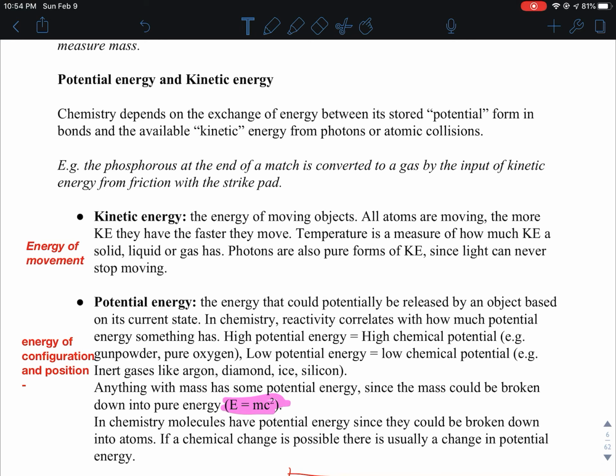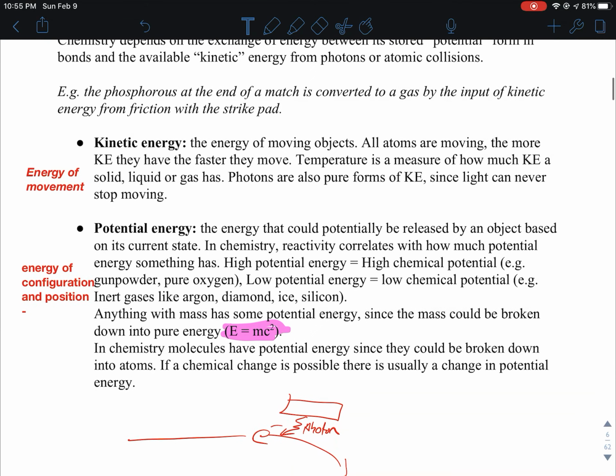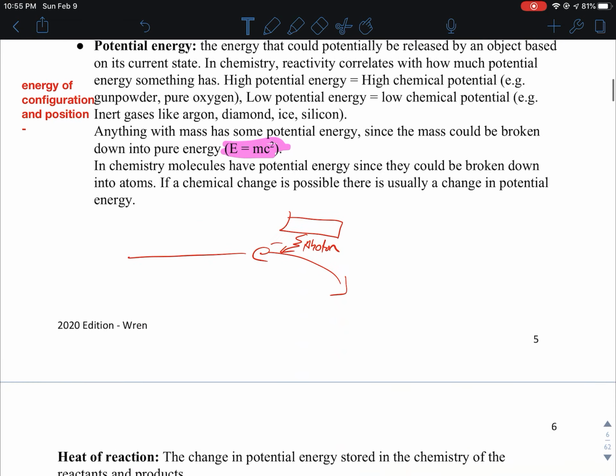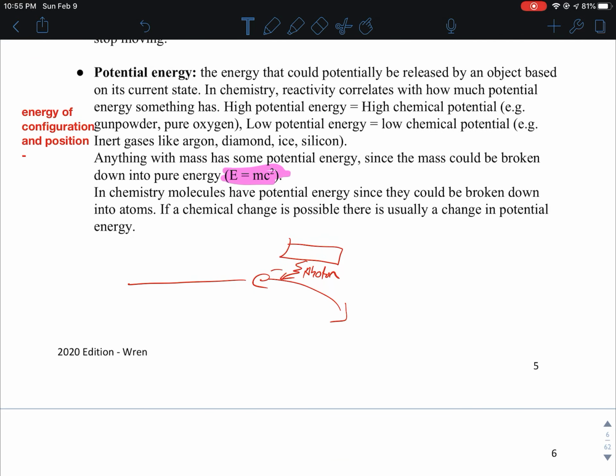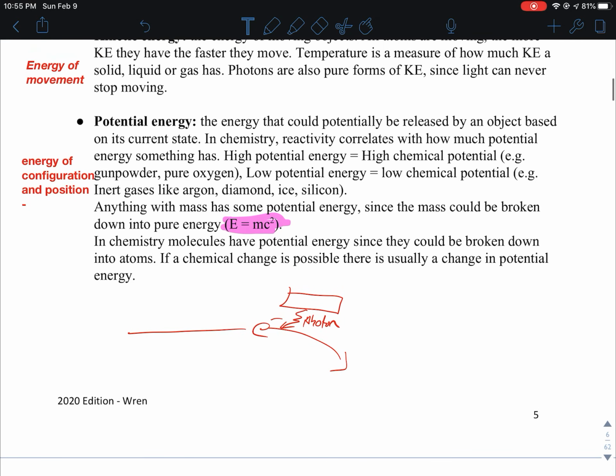Something like a quark and lepton, if those quarks and leptons come close together, they tend to stop moving and they form something that is known as a proton or a neutron, and that causes them to suddenly gain potential energy. They gain mass. And so this is where the E equals mc squared comes from. And certainly lots of other things.